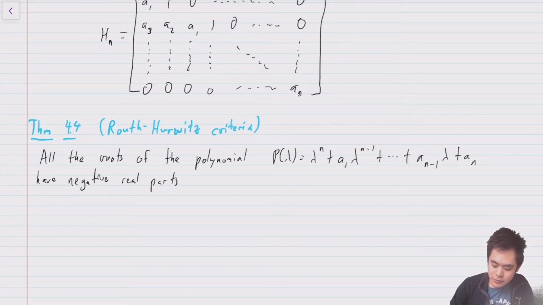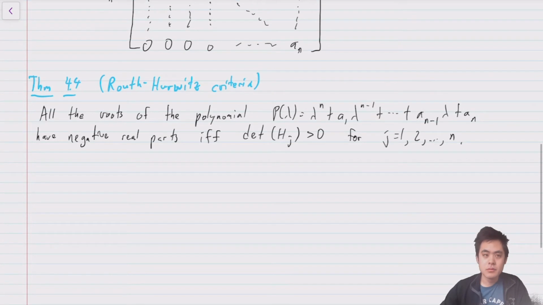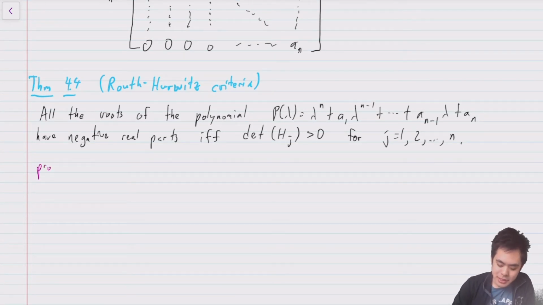The roots have negative real parts if and only if the determinant of Hj is strictly greater than 0 for j in 1 through n. Okay, and the proof is beyond the scope of this class.